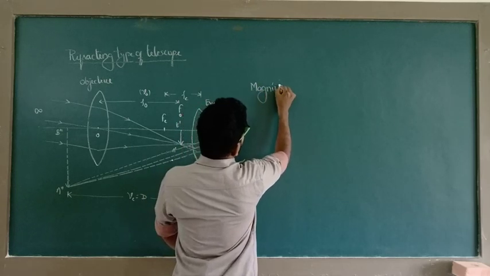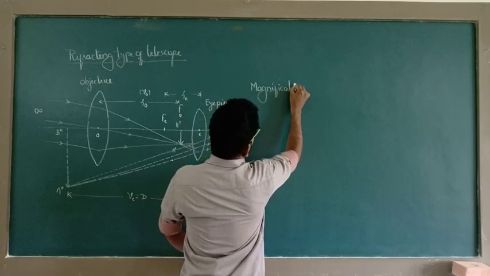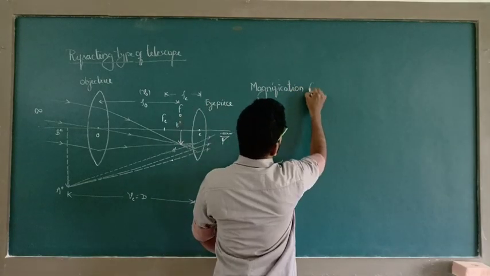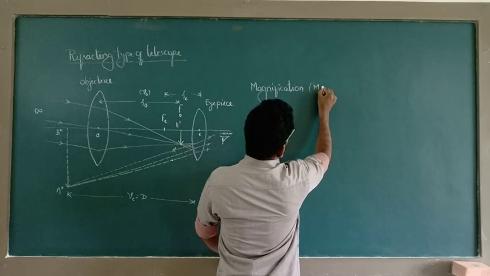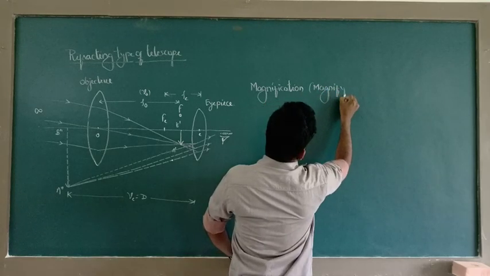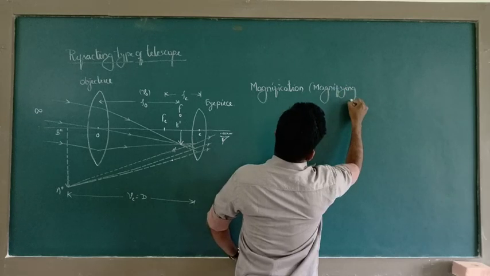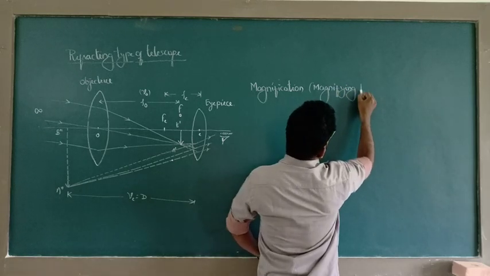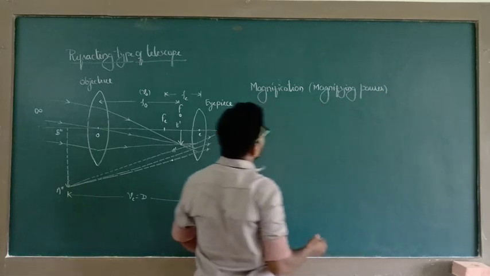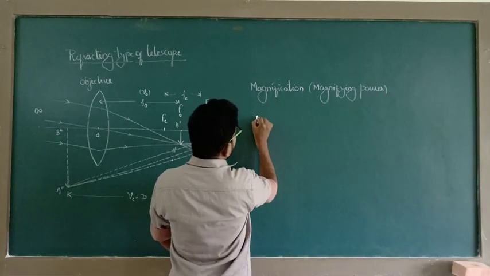So our magnifying power is represented by m.